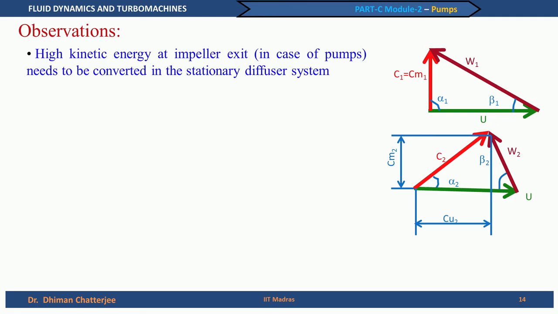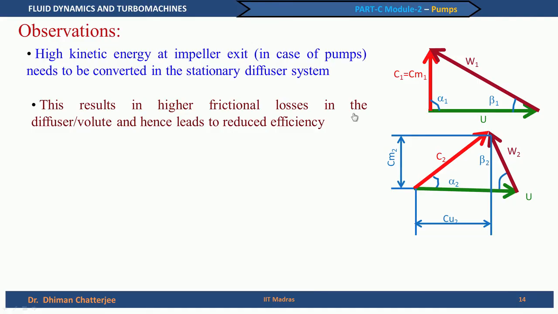What is the objective of a pump? To lift water, to raise water, let us say from the ground level to the top of a multi-storied, high rise building. Which means that the fluid should have enough pressure to take it to the top of the building. Now, at the impeller exit, in the extreme limit when C 2 u equal to 2 u, there is no static pressure, and it has a very high content of kinetic energy.